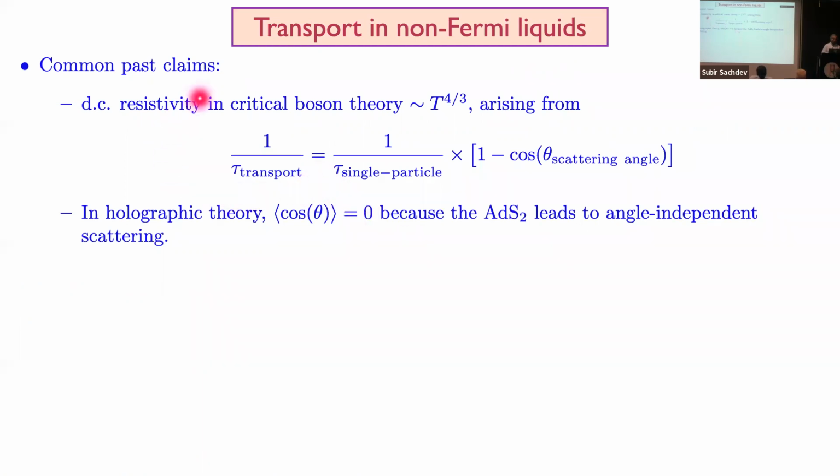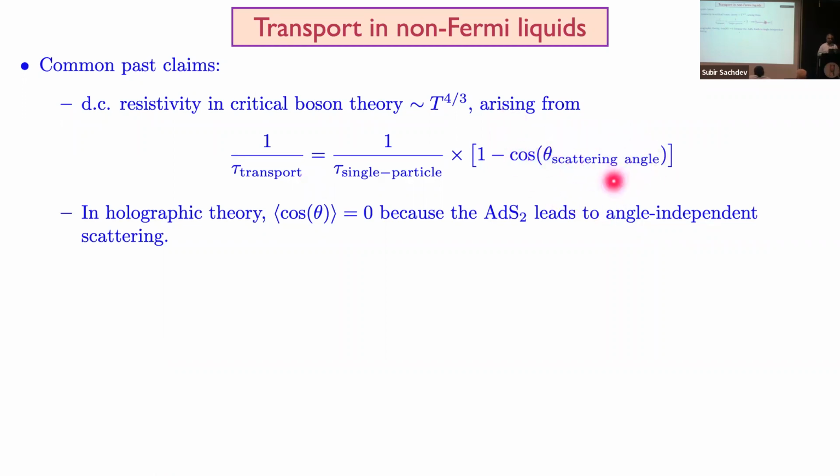So what you want to do, in the perturbative theory, is compute the transport scattering time. And there's some general arguments that can also be seen from a Boltzmann equation. There's a single particle scattering time, which would go as T to the 2/3 times this factor here, which accounts for the fact that if you do forward scattering, that doesn't change the current. So backward scattering is maximally effective.